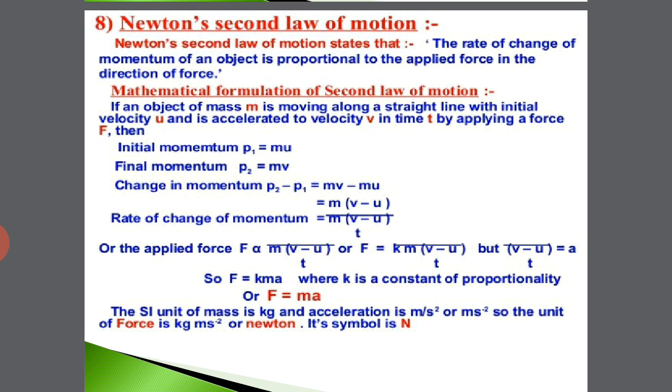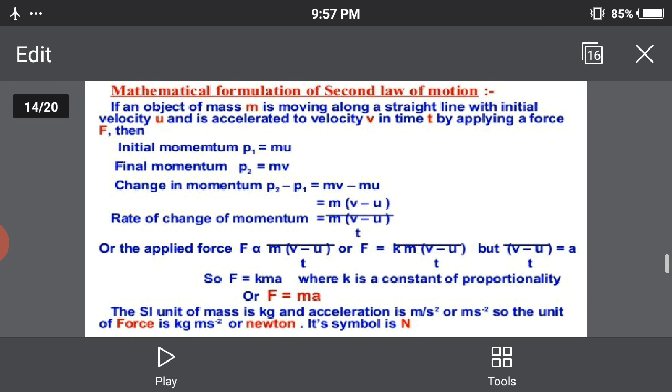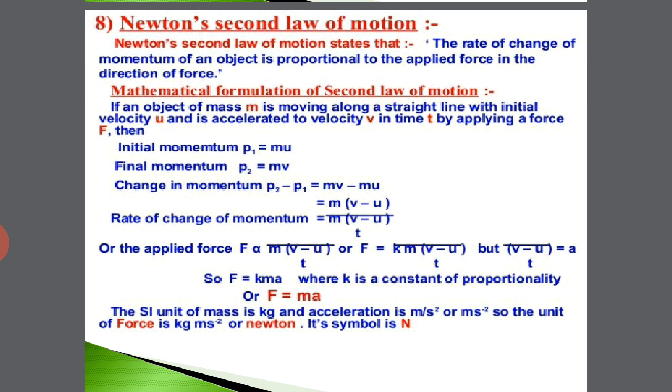But we all know from the first equation of motion, v minus u upon t is equal to a, because v is equal to u plus at. So from that equation, v minus u upon t is equal to a. So F is equal to k m into a, where k is a constant of proportionality and its value is 1.